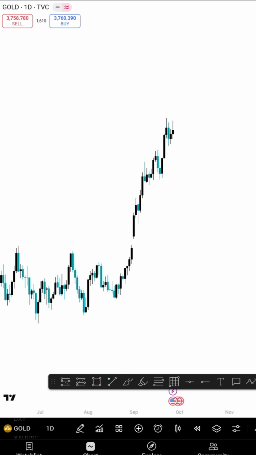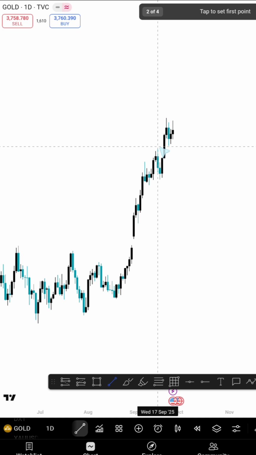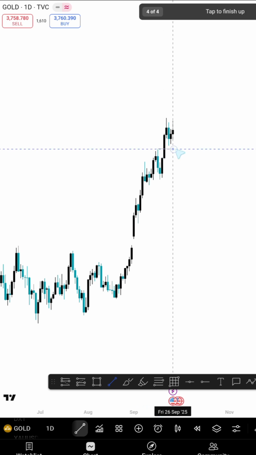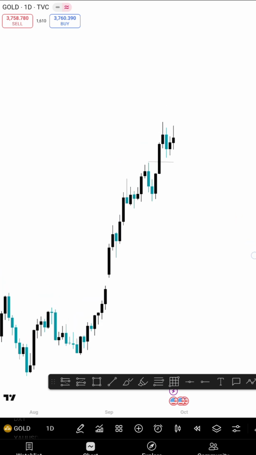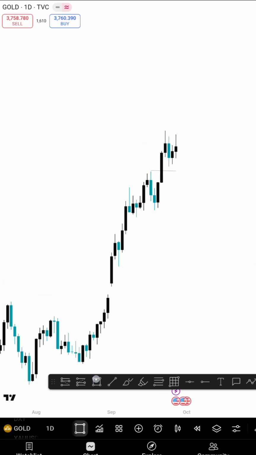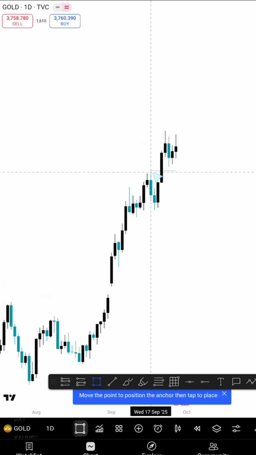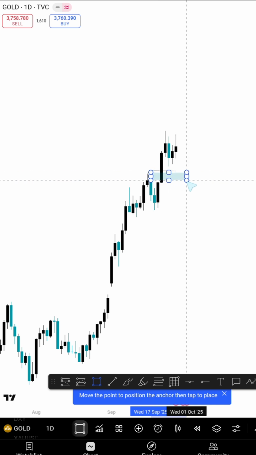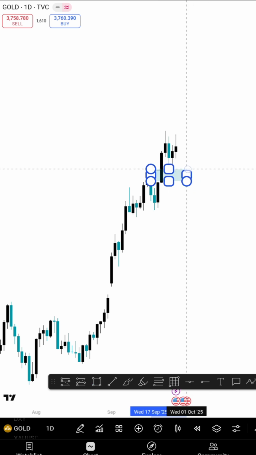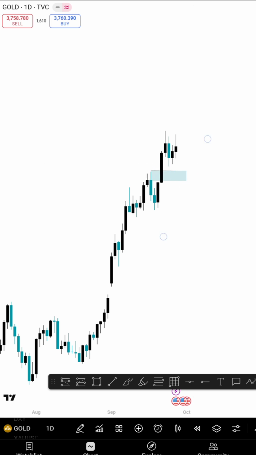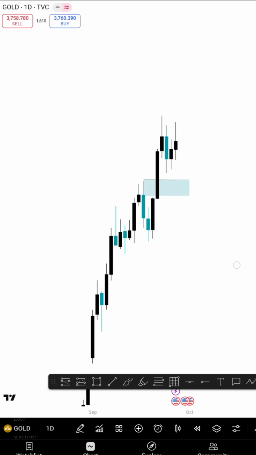Now for the daily, dealing with the current structure, this was our last break of structure right here. I personally would love to see price come back to this structural area first before the next one to the upside.